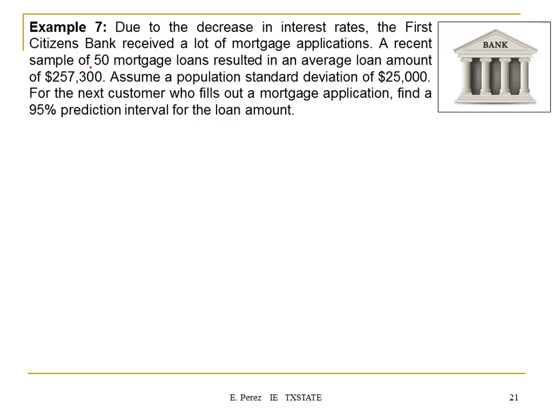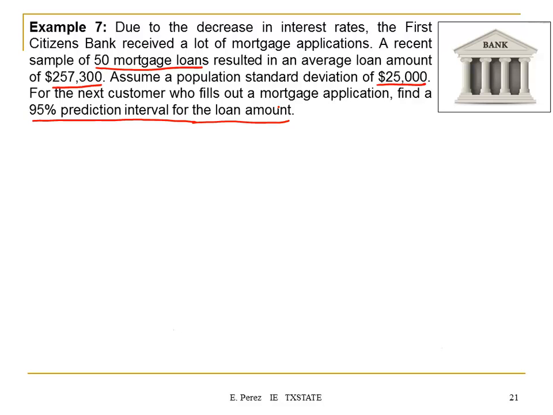A recent sample of 50 mortgage loans resulted in an average loan amount of this amount and a population standard deviation of this amount. For the next customer who fills out a mortgage application, find a 95% prediction interval for the loan amount.